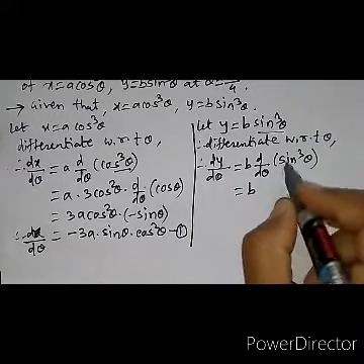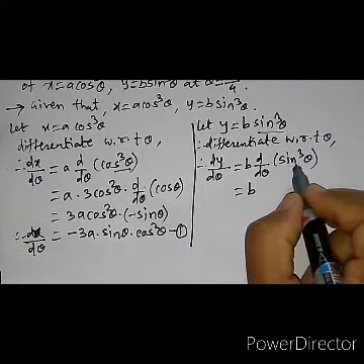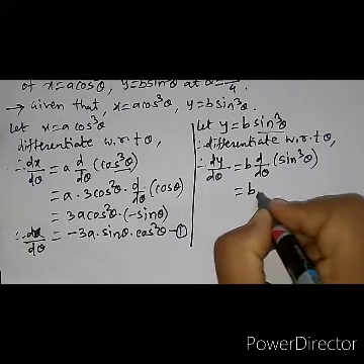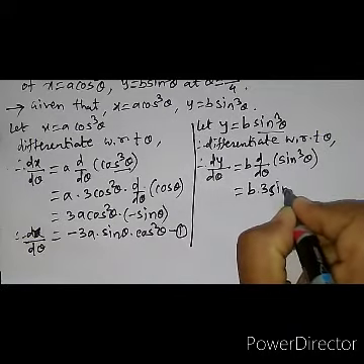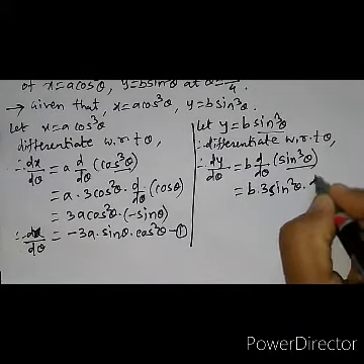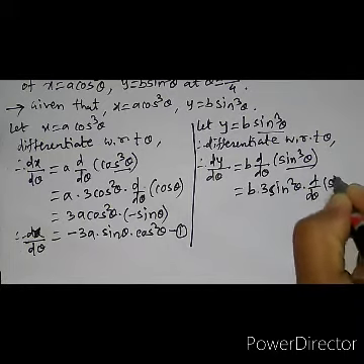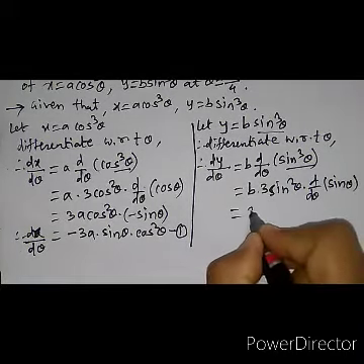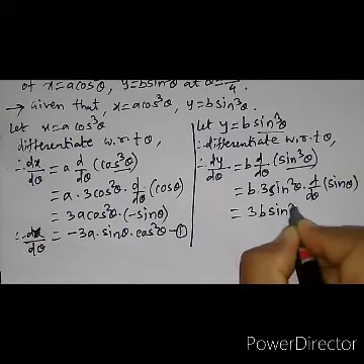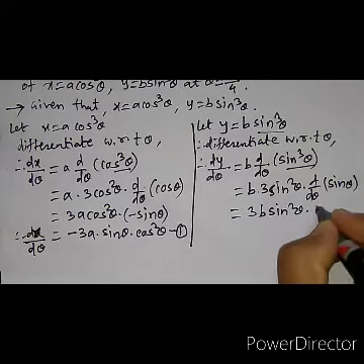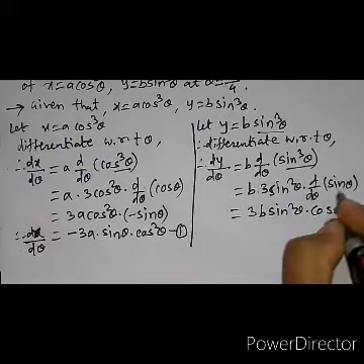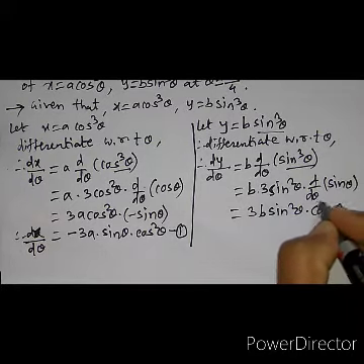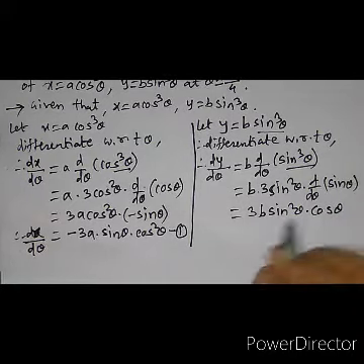Now b as it is. Now we have to find the derivative of sin cube theta, that is 3 into sin square theta, and again we have to take the derivative of sin theta. We know that the derivative of sin theta is cos theta. So 3b into sin square theta, and derivative of sin theta is cos theta, and derivative of theta with respect to theta is d theta upon d theta, that is 1.